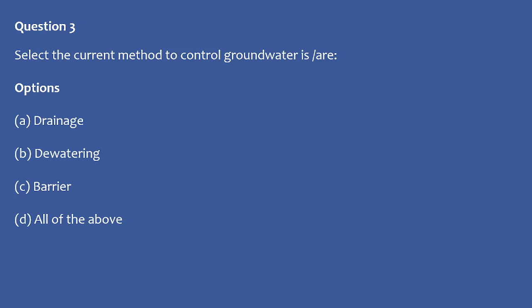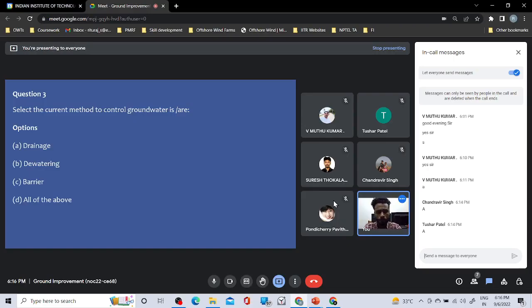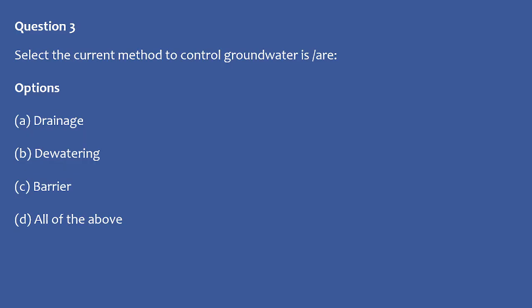Basically, you want to lower the groundwater, so which method are you going to go for? Again, if you have gone through your lecture notes, all three methods can be used for controlling the groundwater table.